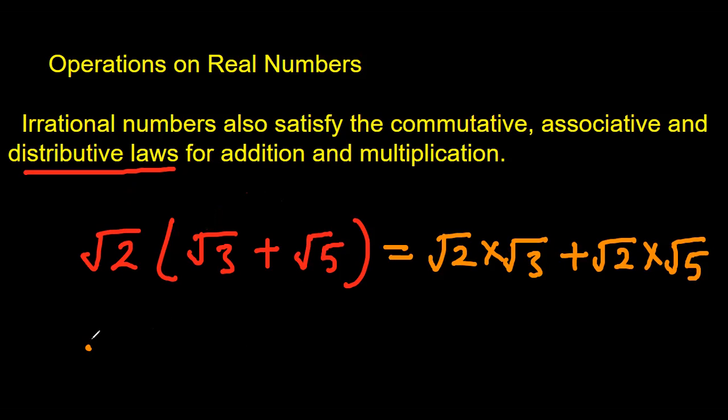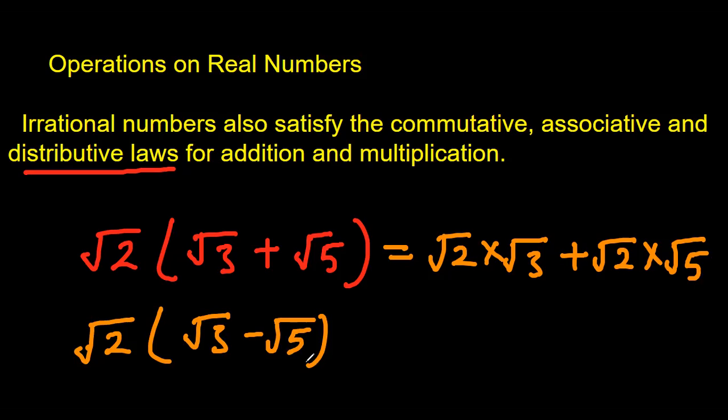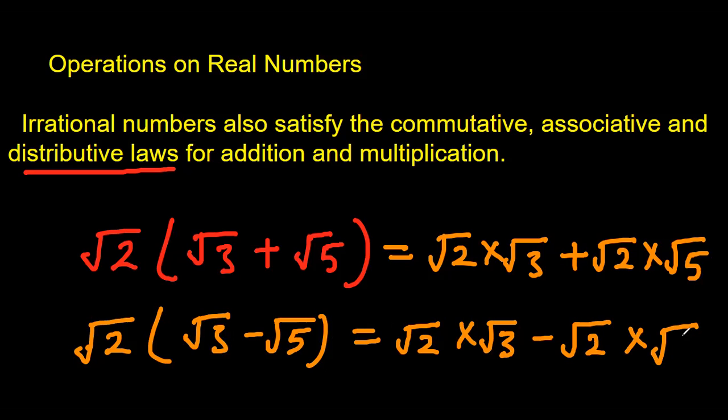So similarly, we can also write another example, right? Say if you have root 2 and there we have root 3 minus root 5, just like the real numbers, we can also write here root 2 into root 3. Root 2 gets multiplied with root 3 first, and then minus root 2 gets multiplied with root 5. So this is called distributive laws of the irrational numbers.